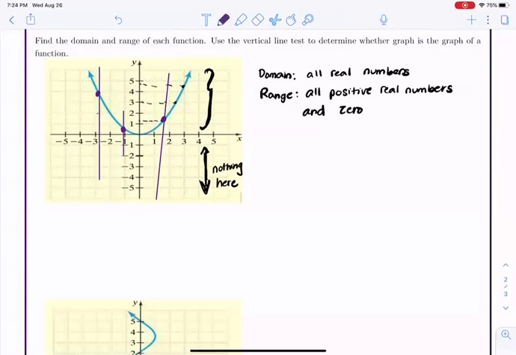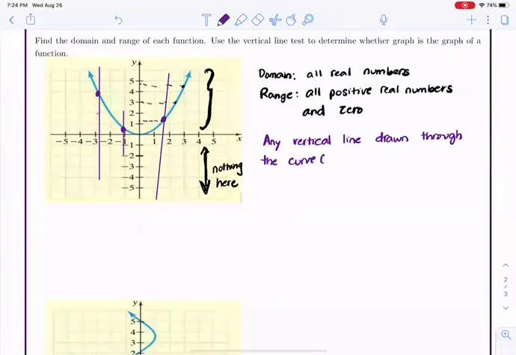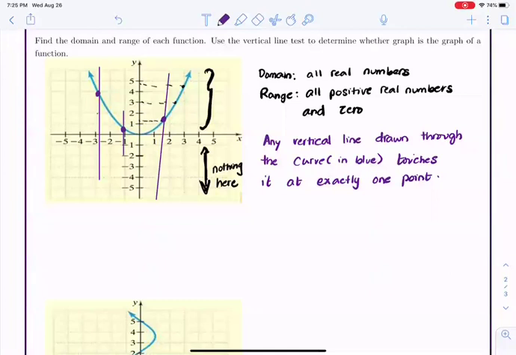So any vertical line drawn through the curve, which is in blue, touches the curve at exactly 1 point, so it passes the vertical line test.